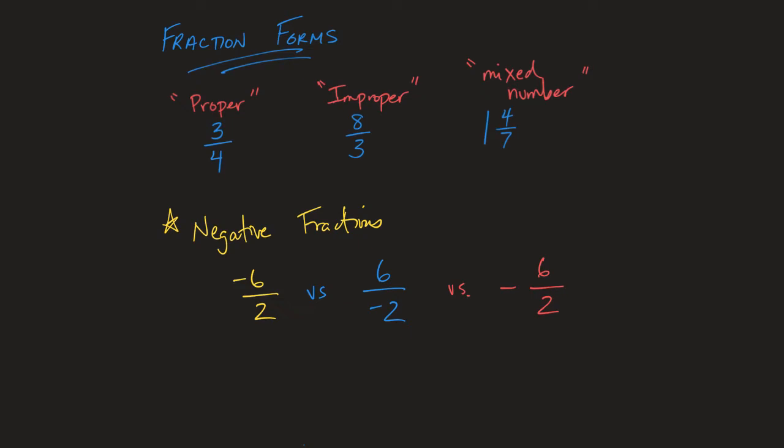The problem is one of them is horrible form. I want you guys to zero in on the blue. We should be good, given our previous discussion about what it means to be a rational number, that blue version doesn't make sense.